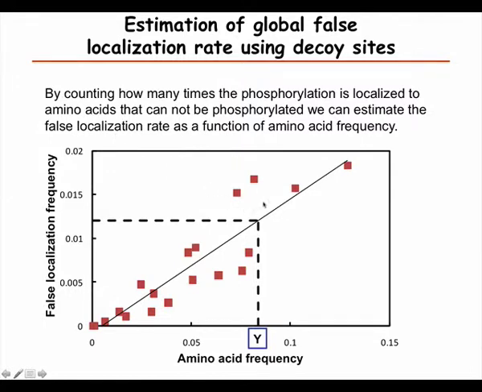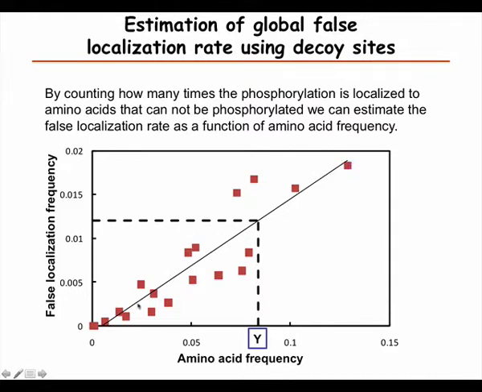Now the question was, the amino acid here is actually serine. One thing that we wondered about is that we almost had 2% of our phosphosites localized to serine. But that doesn't seem to be an outlier.